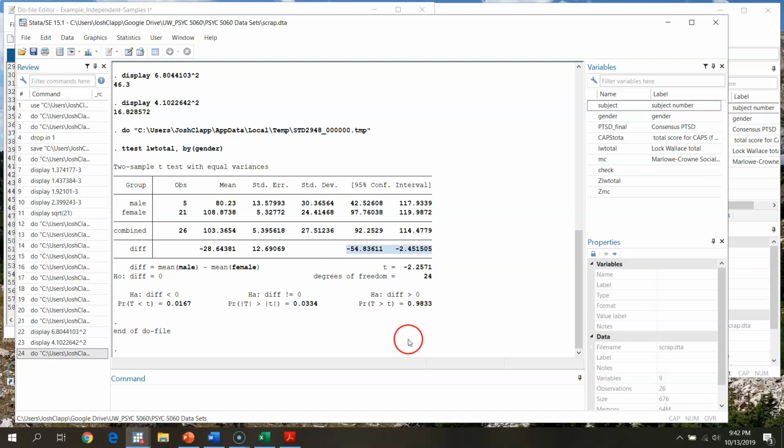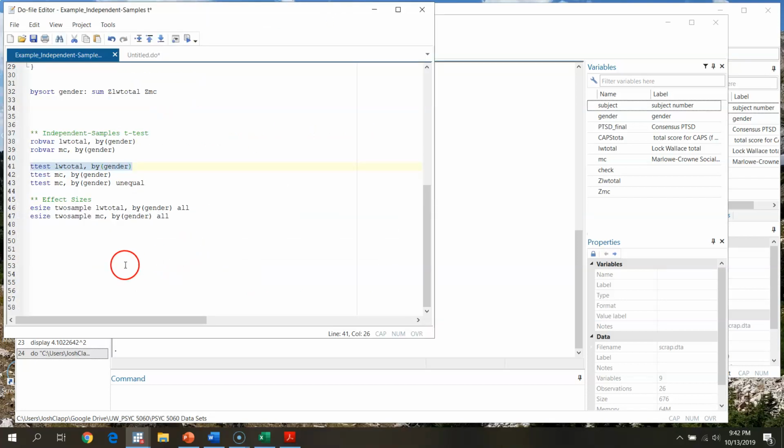Okay, so what I can do to help flesh this out a little bit is I can go through and run some effect sizes. Now, if we were doing this in SPSS, we'd have to run some of these out by hand or use our Excel calculator that we'll build eventually. One of the really nice things about Stata is that Stata will run all this stuff for you.